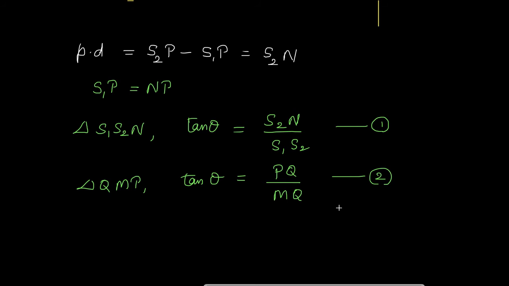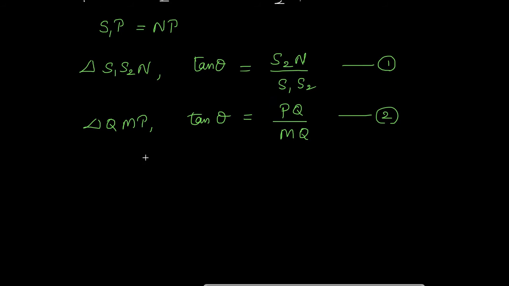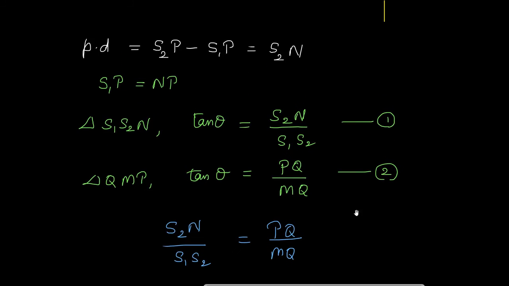Now for both the equations, LHS is tan theta. So let us equate RHS. RHS is S2N divided by S1S2, which is equal to PQ divided by MQ. And what is this S2N?